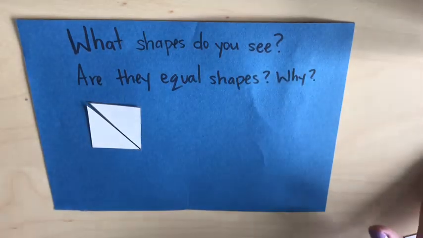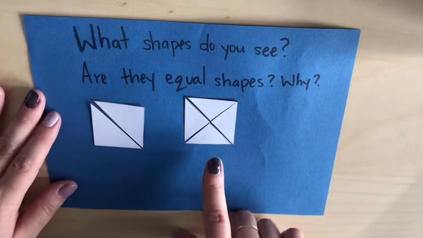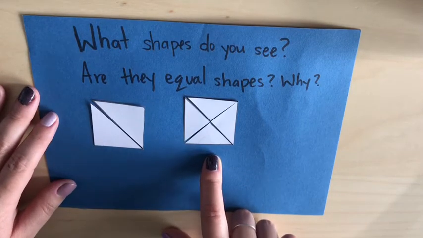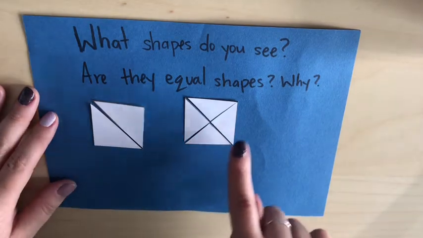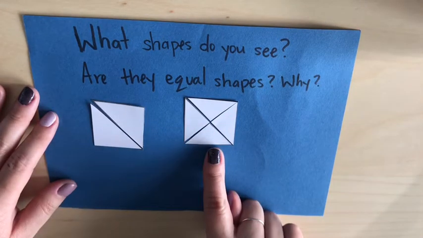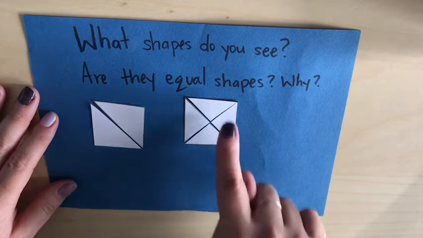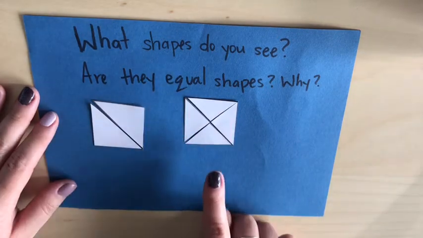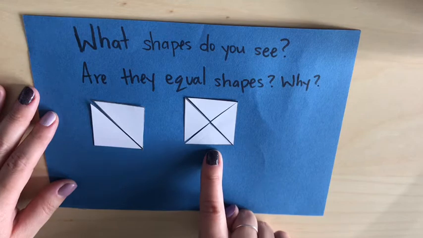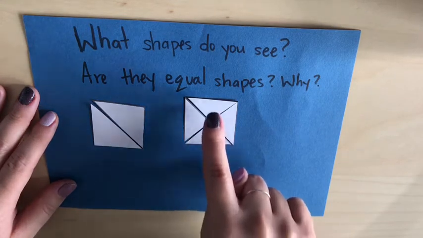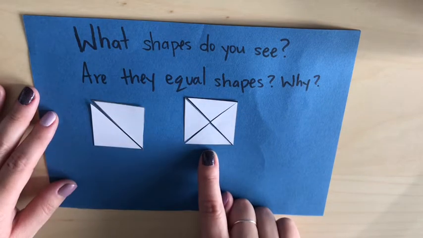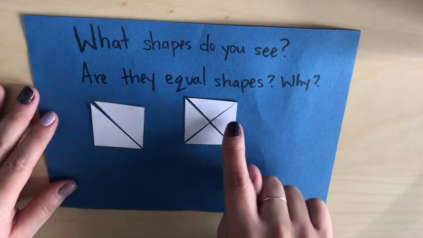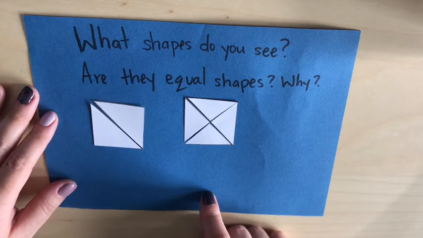Good job. Let's try one more. What shape is this? This is a square, just like this one. What shape do we see inside? We see triangles inside. How many triangles do we see inside? We see 1, 2, 3, 4 triangles. And are they equal shapes? Yes, because all the triangles are the same shape and the same size.